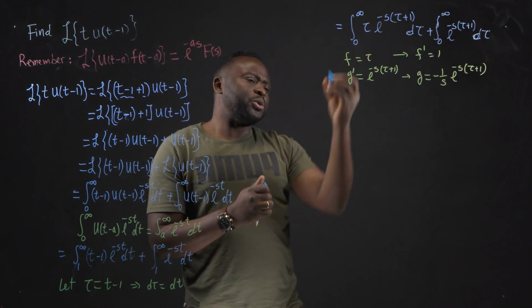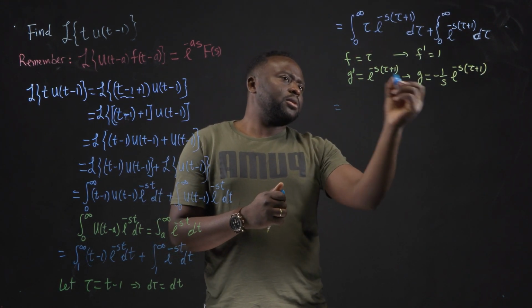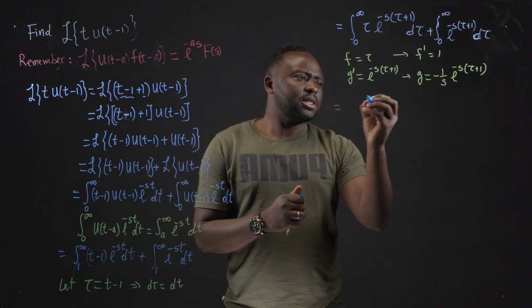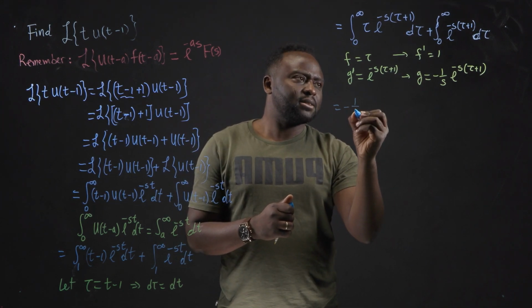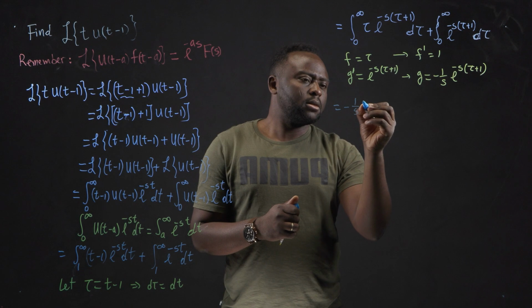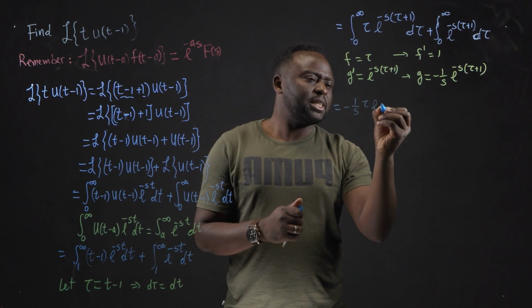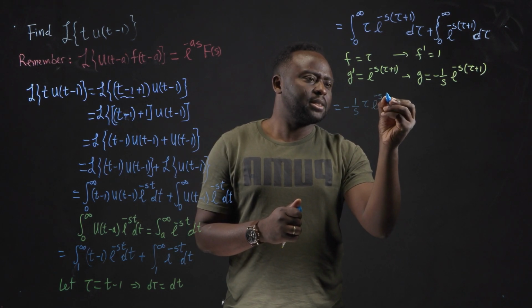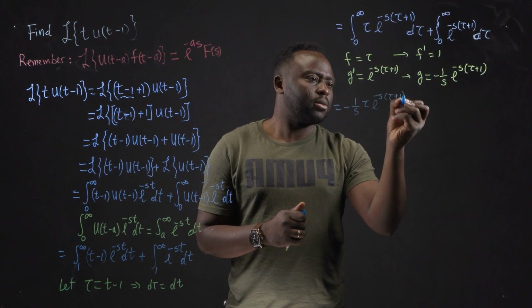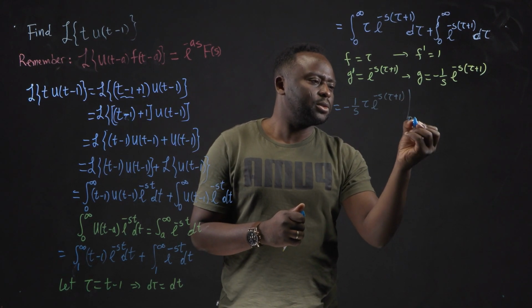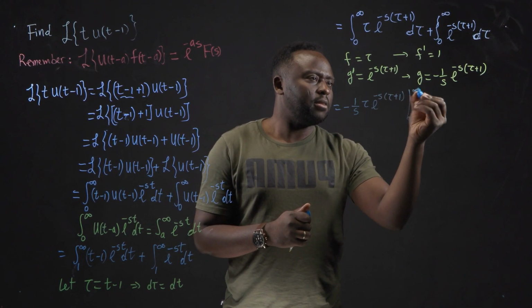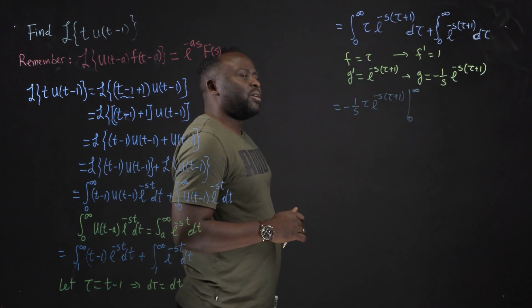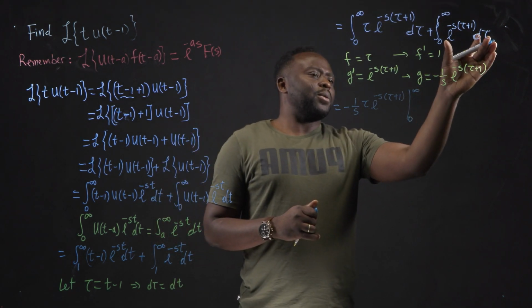We just have to substitute here. f times g is minus 1 over s times tau times e to the power minus s times tau plus 1, from 0 to infinity.